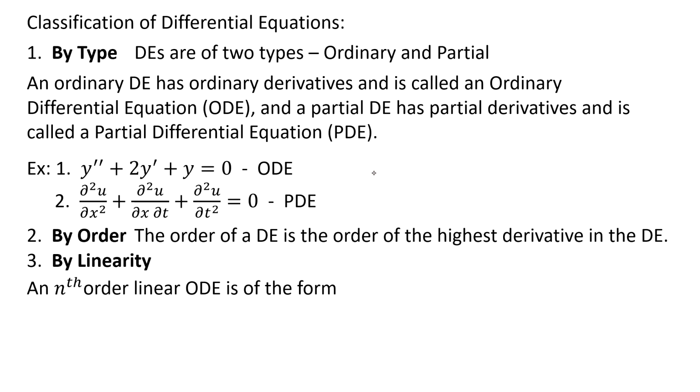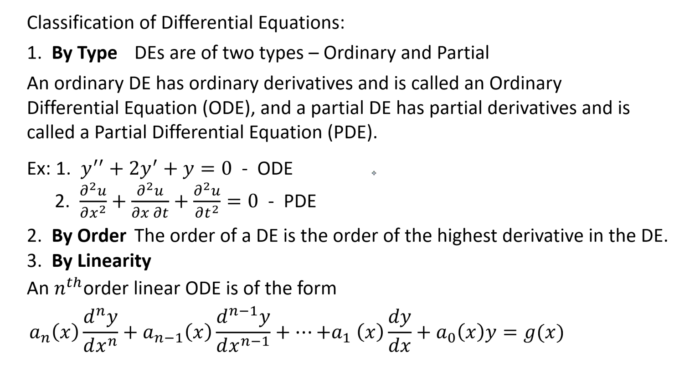Okay, so what is this? An nth order linear ODE has this particular form. An nth order linear ODE. Take a good look at that. I know that probably looks a tad complicated, but when you break it down and try to understand, it's really not that complicated.